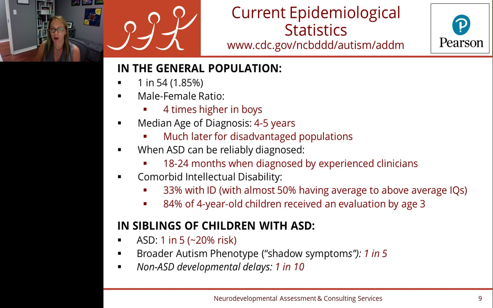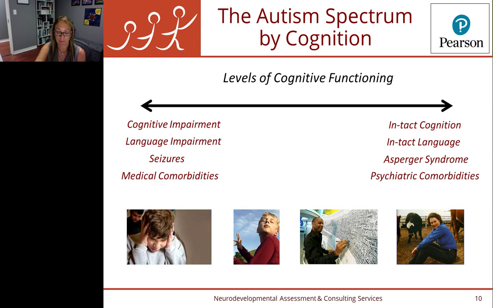So we call this the broader autism phenotype. And then another 1 in 10 siblings will have some developmental concern, whether it's a language delay, cognitive delay, or both. And so roughly 50% of siblings are going to be vulnerable in their development in some way.